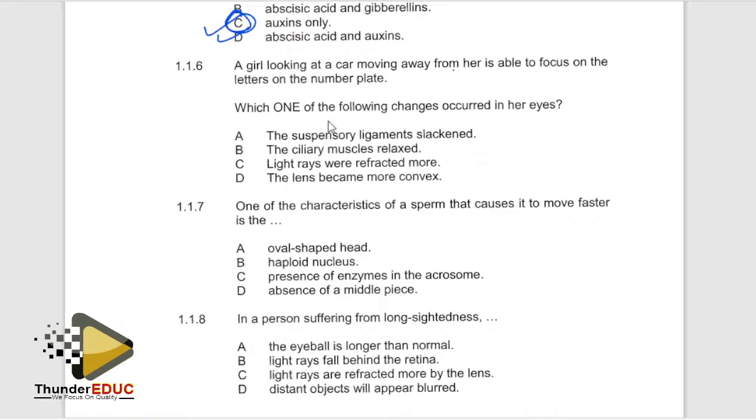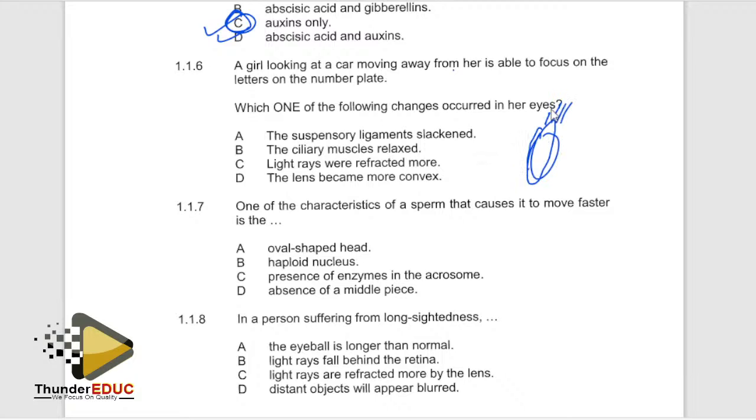Which one of the following changes occurs in her eyes? When they ask you that, you explain what is last. That's what I said yesterday. Here you have to look at a far object. In a far object, the lens is supposed to be small.